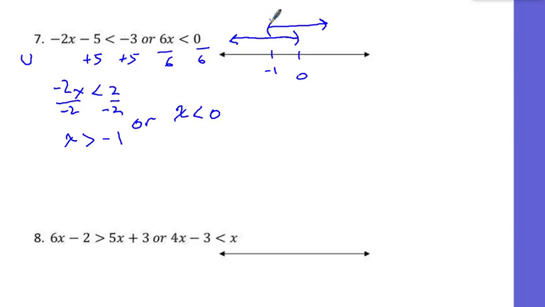They're not included in each branch in isolation. However, OR, union, we take both and put it together. There is an overlap, which we will include in our answer, but then we also include everything to the left and everything to the right. So even though negative 1, for example, is not included in the top solution set, it is included in the bottom solution set because this shading continues forever.